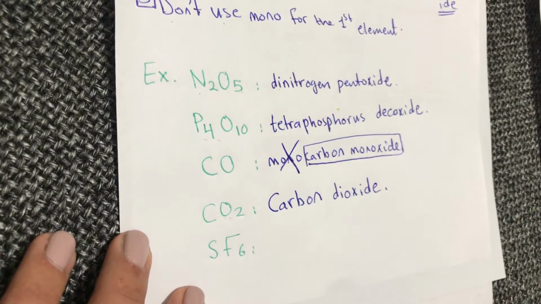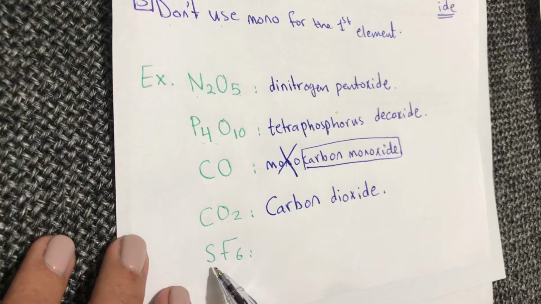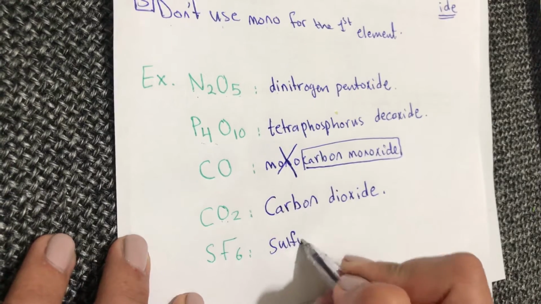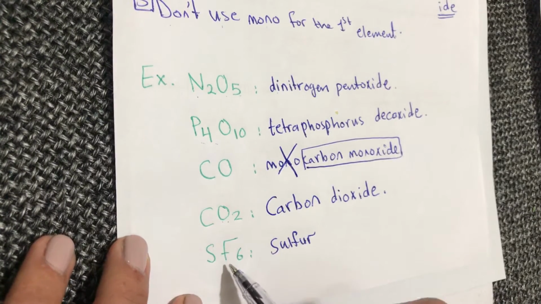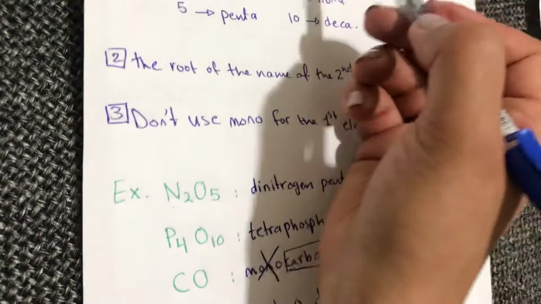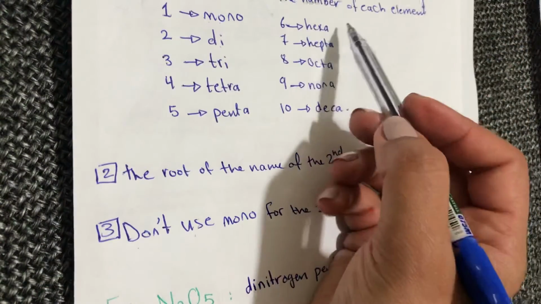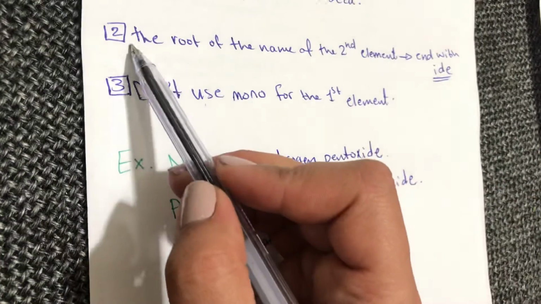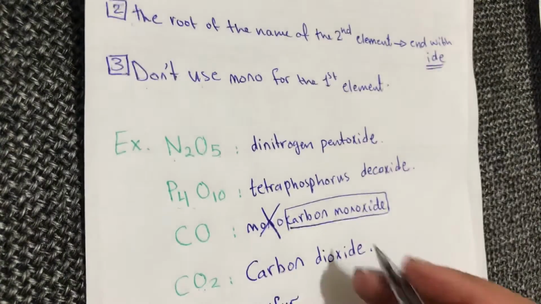SF6. S for sulfur, it has one atom, so don't use mono for the first element, so directly sulfur. Here, fluorine, you have 6, so the prefix that indicates 6 is hexa. And the second element must end with IDE, so hexafluoride.